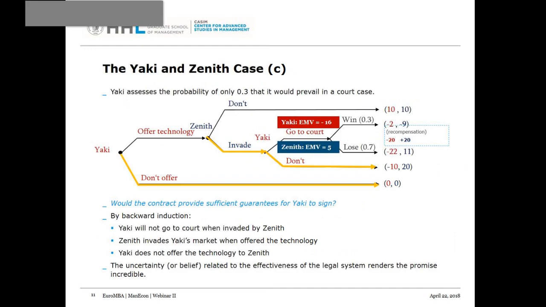We could do sensitivity analysis and say, what probability of winning would make Yaki go to court when invaded by Zenit? We can calculate it. The answer is 60%, but this is what can be done. Here, a strong statement is not necessarily the fact that this is the 30% probability of winning or losing, or 60%, but it's more the belief that this will happen. The belief drives your analysis and makes you behave in a certain way. Okay, so keep that in mind for the moment.